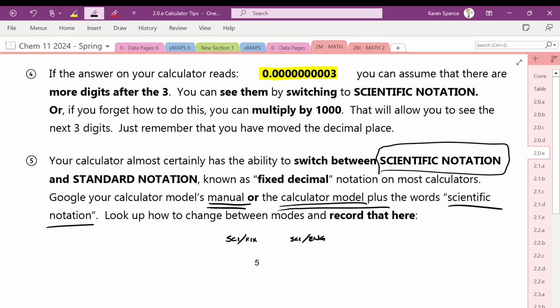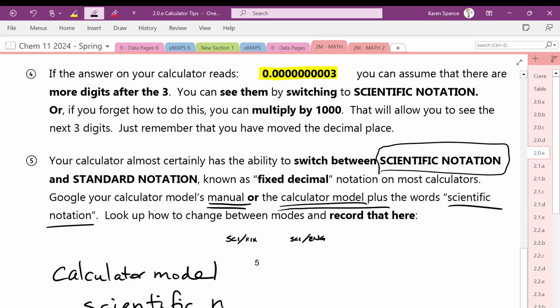You don't have to do anything else, just look up your calculator model and scientific notation, and it should tell you how to change it. If you are having problems figuring out how to change it, call me over and I might be able to help you out. And if you're using my calculator, I can probably tell you how to do it.